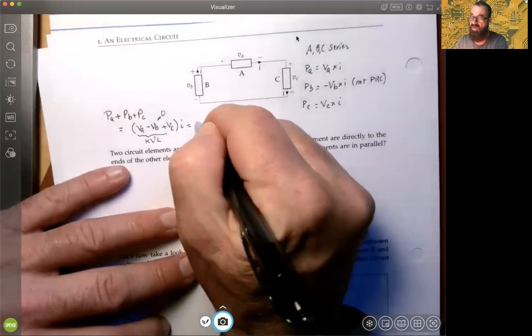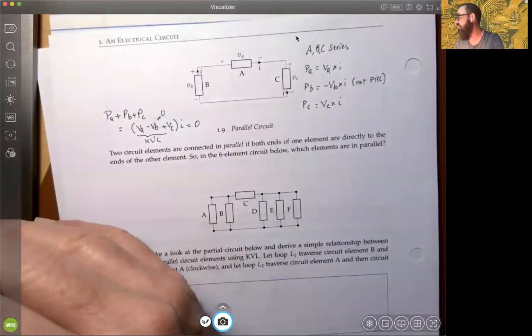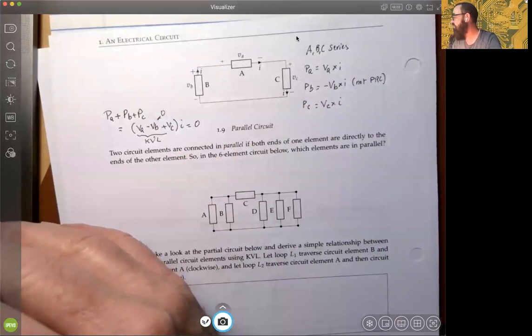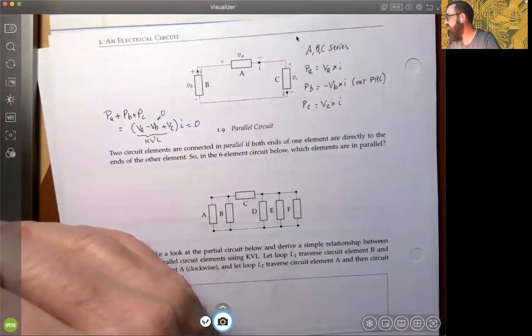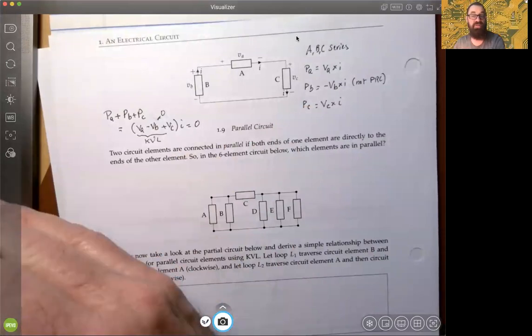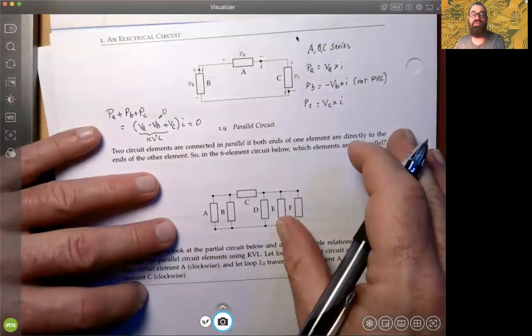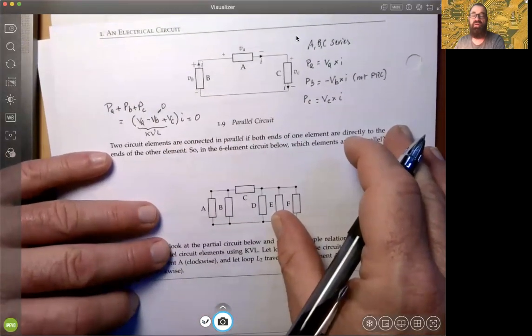So therefore, the sum of the powers must be 0. Law of conservation of energy, okay? So that's important to realize that you can always sum the powers and get 0, and maybe use that to help determine voltages and or specific currents as well.